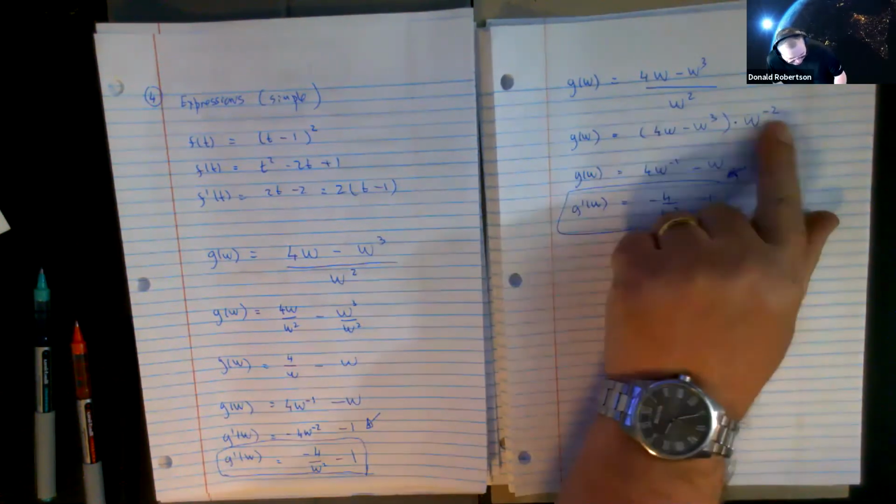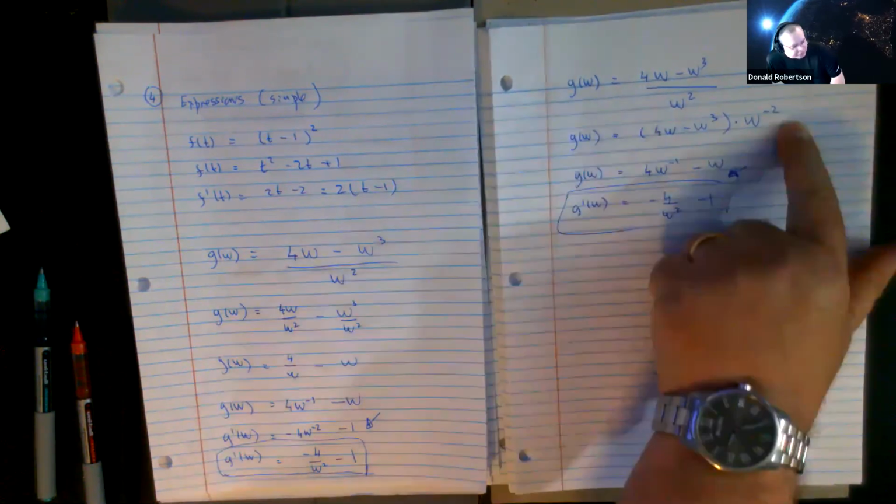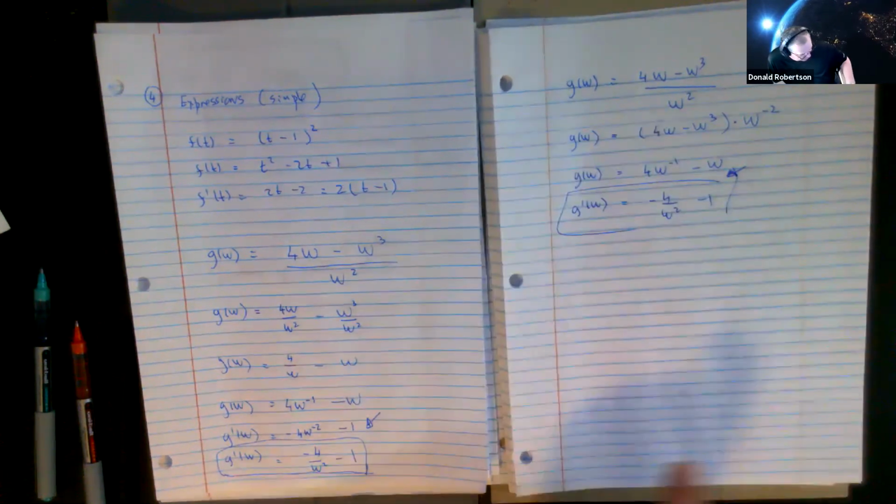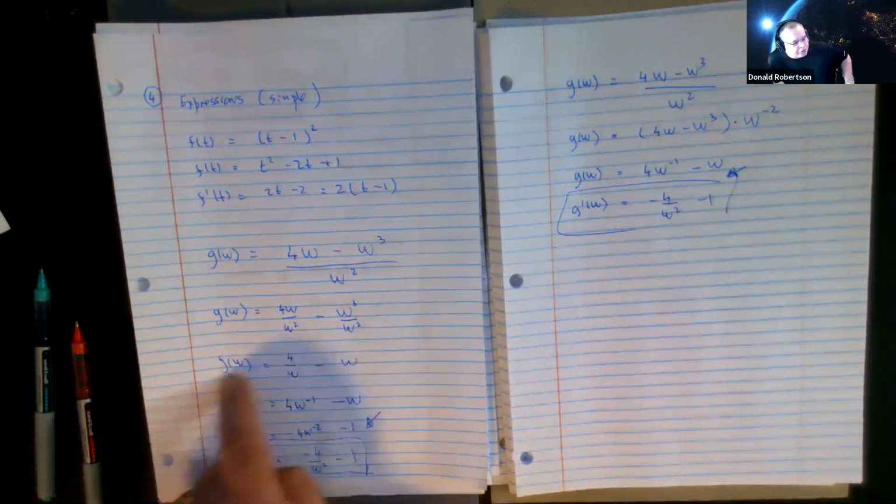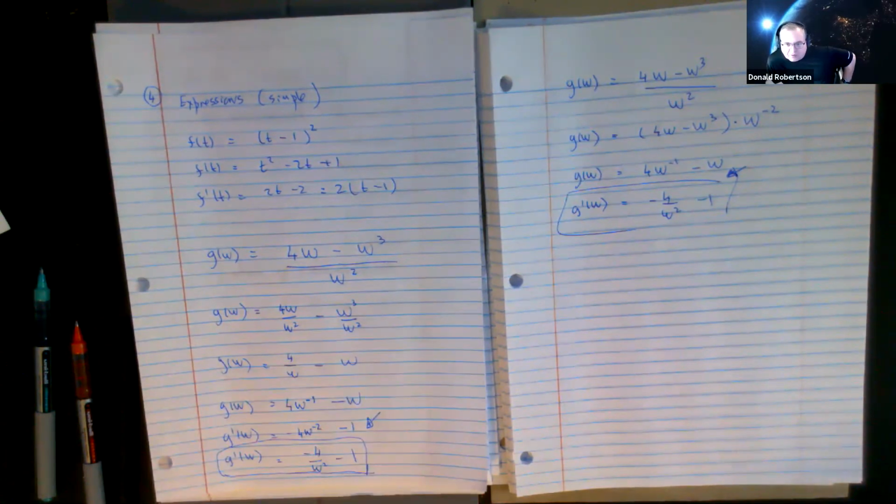Your brain might have worked better. This makes more intuitive sense to you, perhaps. And for some of you, maybe this makes more sense. You pick the method that makes sense to you, because if you do that, you're less likely to screw up.